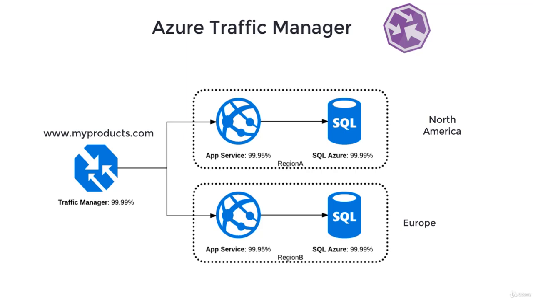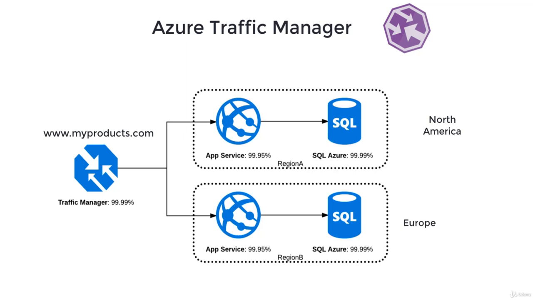It selects the endpoint based on the traffic routing method. Traffic Manager supports different kinds of routing methods to suit different application needs. Once the endpoint is selected, the clients then contact the appropriate service endpoint directly. When I use the term endpoint, it just means the entity where your web application is hosted, like an Azure Virtual Machine, Azure Web Apps or app services, and other cloud services.